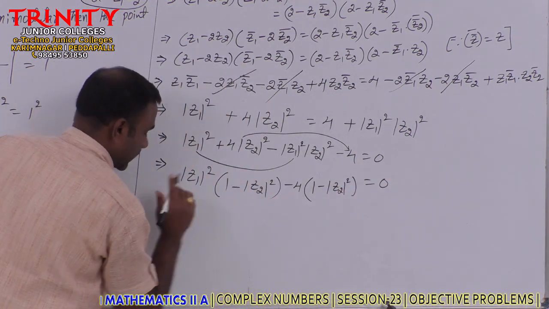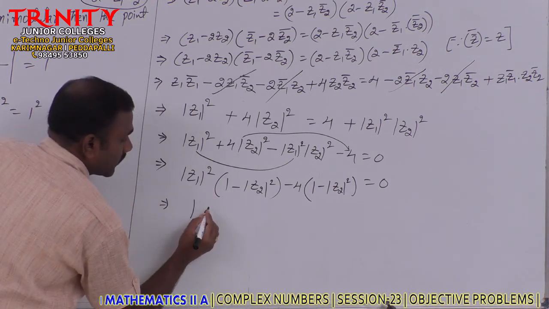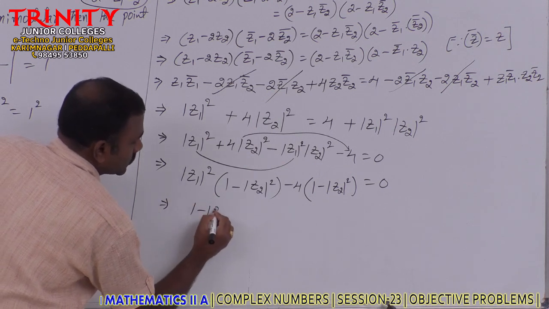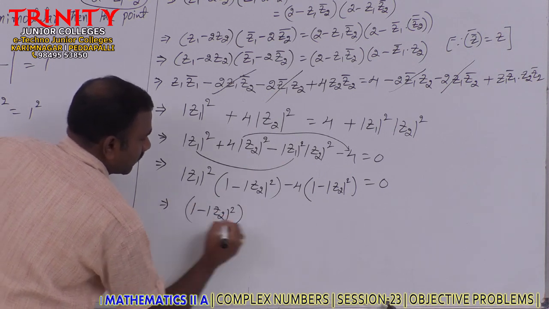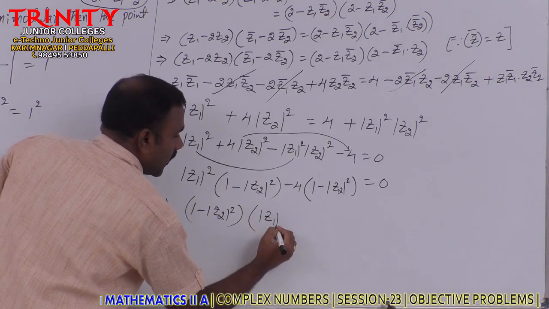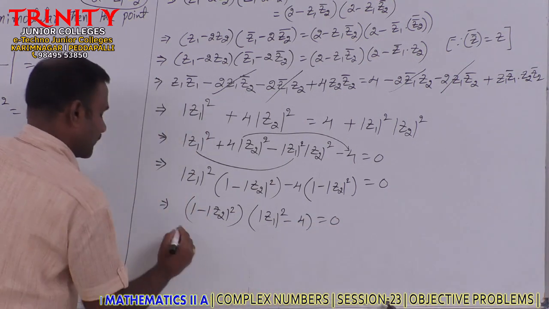We are getting the same factor. So 1 minus mod Z2 square is common from these two, and we will get mod Z1 square minus 4 is equal to 0.